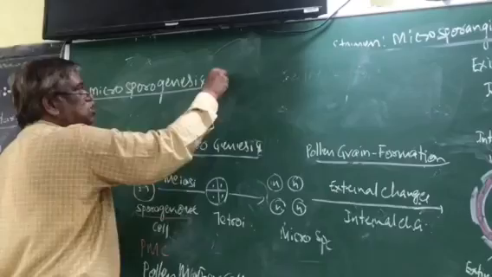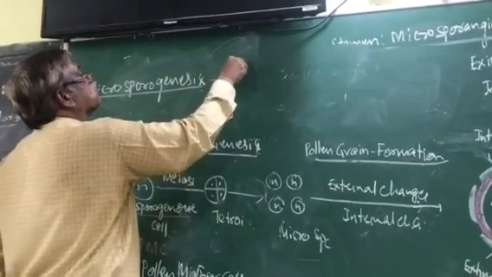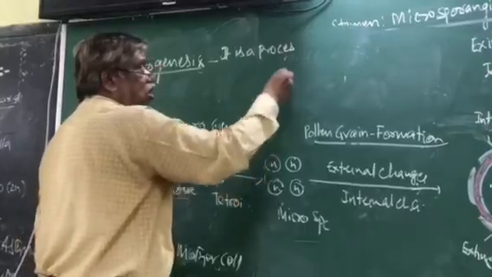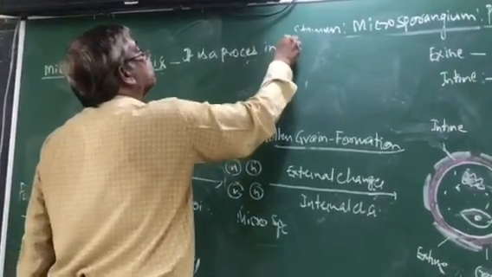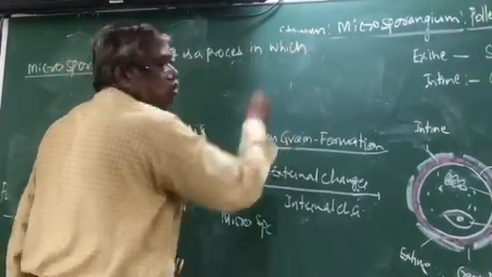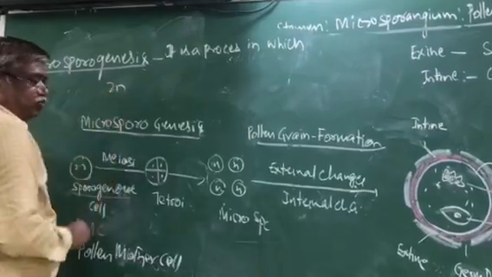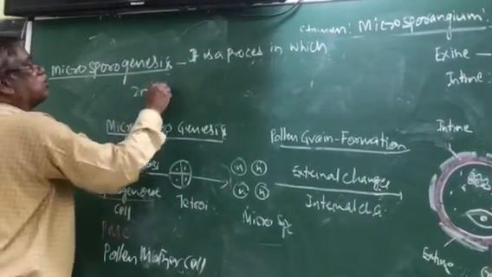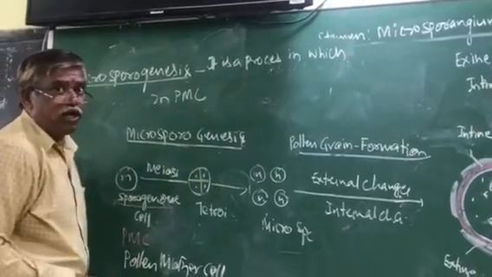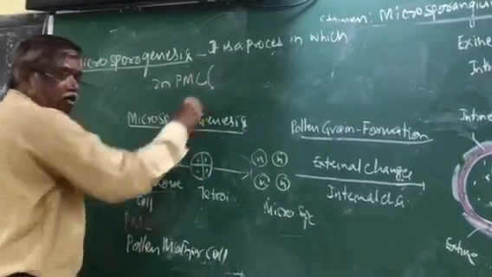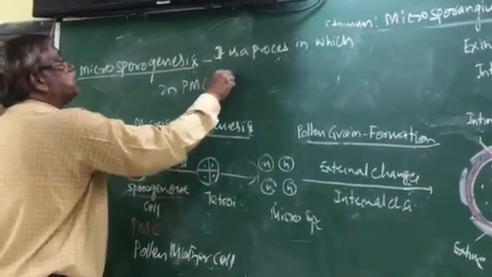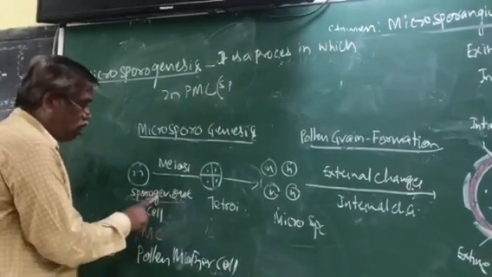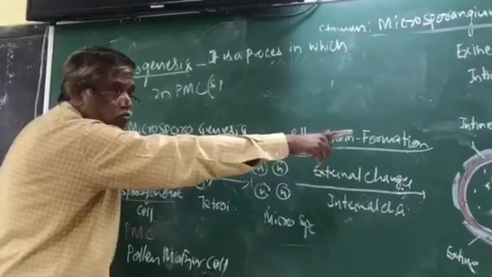It is a process in which diploid PMC, pollen mother cell, or sporogenous cell. Why is the sporogenous cell called PMC? Because in the end it becomes a pollen grain.